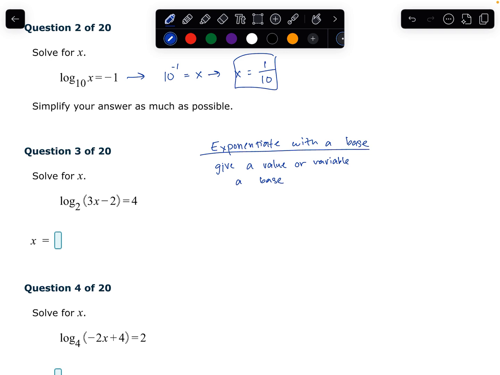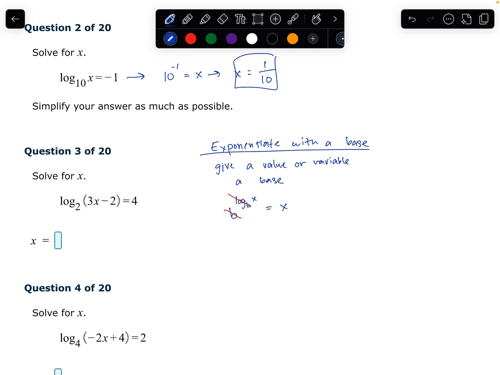So for example here, one thing to note for logarithms: b to the log base b of x is going to be equal to x. Essentially what happens is that the base and the log base b cancel out, and we're just left with x.